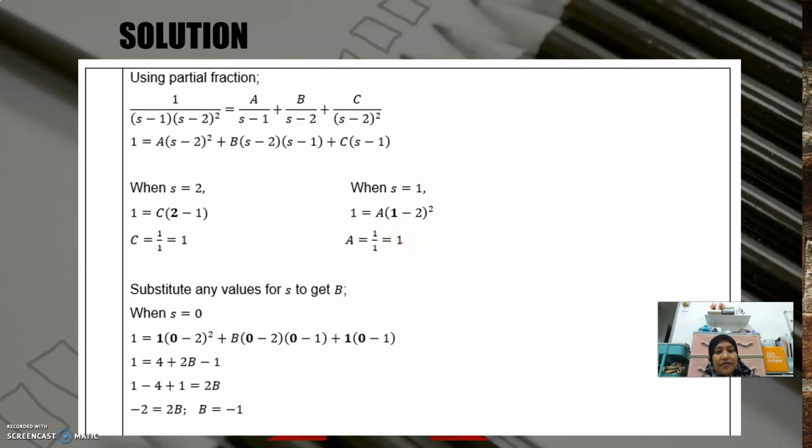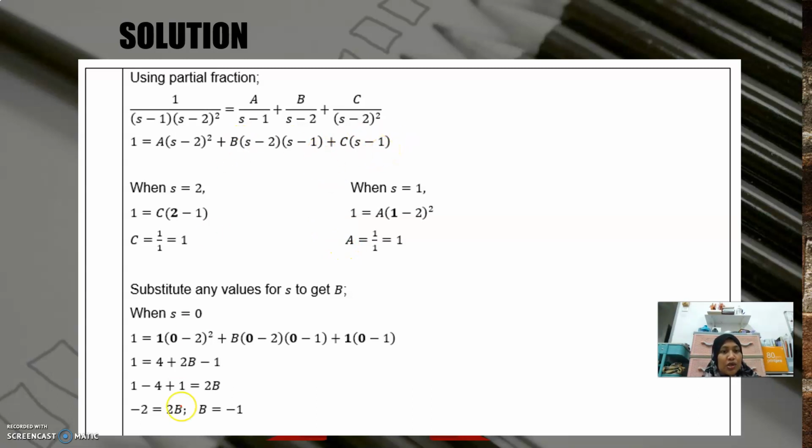Actually there are 3 methods to find the values for A, B, and C. It depends on the equation that you decide to use, right? And substitute any value for s to get B. When s equals 0, we substitute the s value in this equation, since we have got the values for C and A. So we also need to substitute the C and A values in this equation.